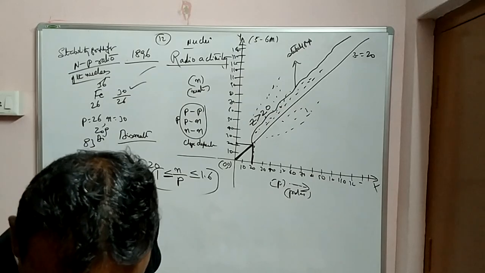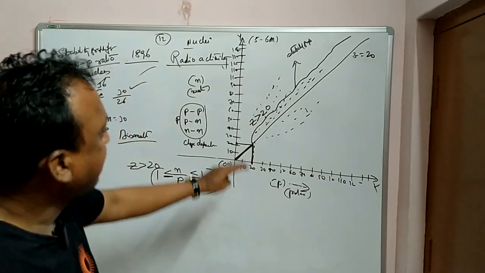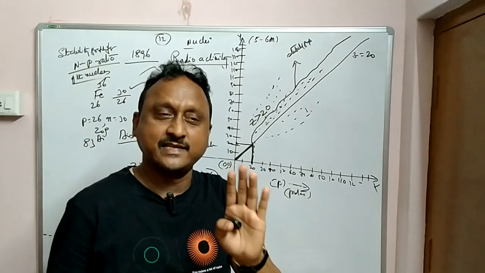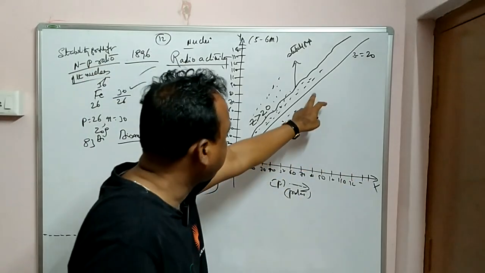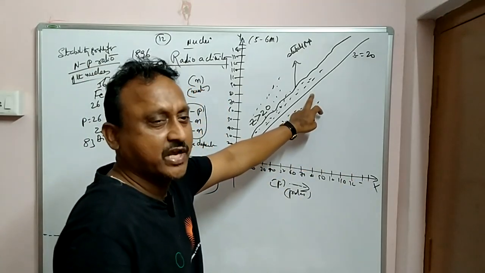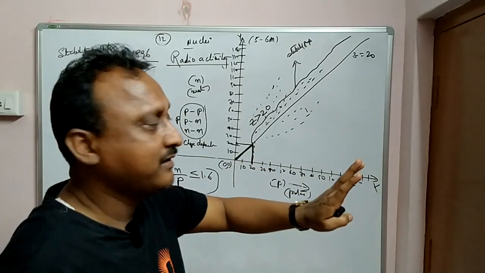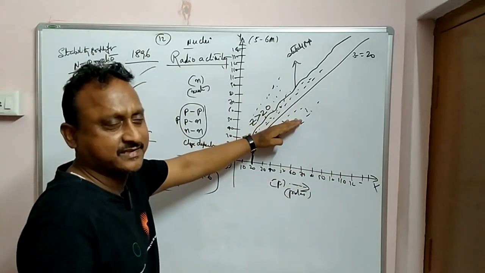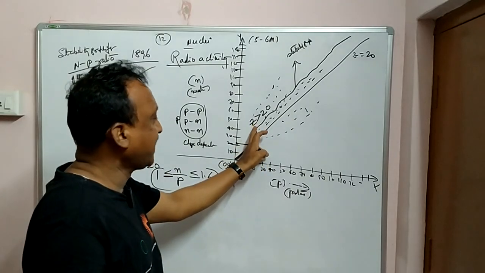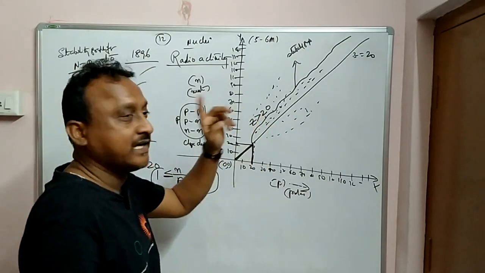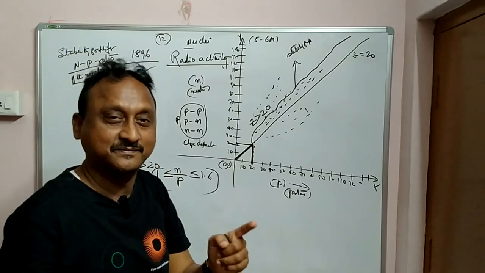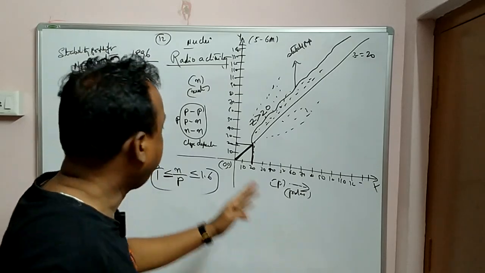Clear? Any doubts regarding this one? So this all tells about the N by P ratio. For atomic number up to 20, this is the stability graph, with N by P ratio almost equal to 1. Suppose more neutrons, it goes a little to this side; more protons, it comes this side, up to 20. For atomic number greater than 20, the N by P ratio also changes a little, but they are still stable, like iron.